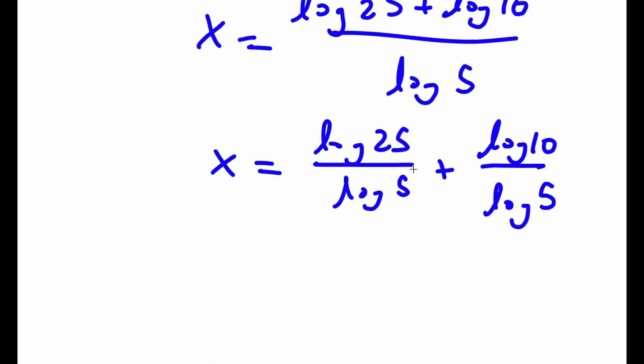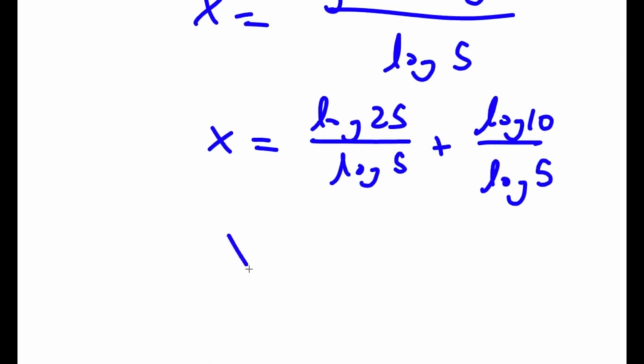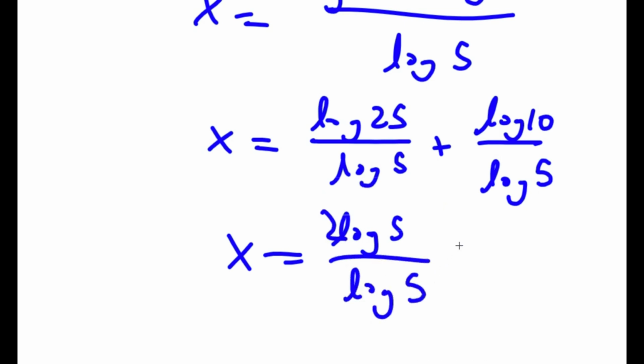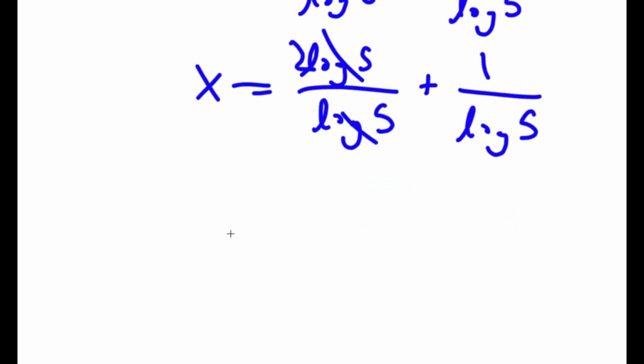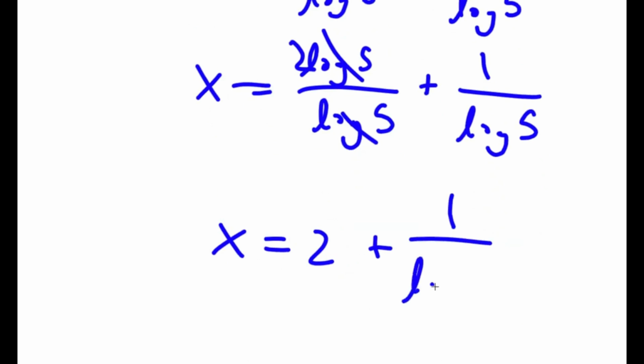And log 25, that's log of 5 squared, and remember I can move this exponent to the front, so this is the same thing as 2 log 5 over log 5 plus log 10, which is equal to 1, over log 5. So then these two cancel out, and now I get x is equal to 2 plus 1 over log 5.